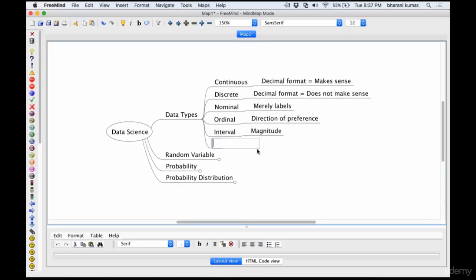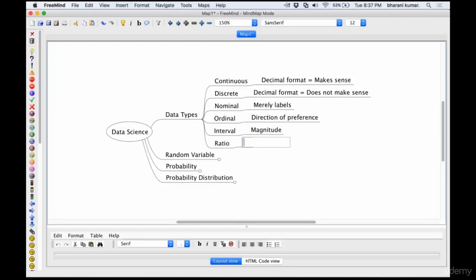But if we both rate Coke 7 each, it does not mean we both like Coke equally well. Hence, we have another data type which is called ratio data. If you have ratio data, you can perform all statistical analysis with ease. So this is what we have briefly discussed.